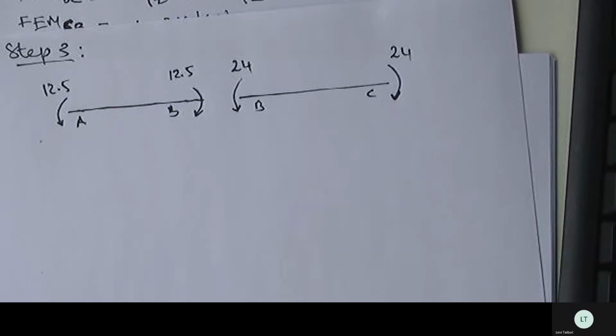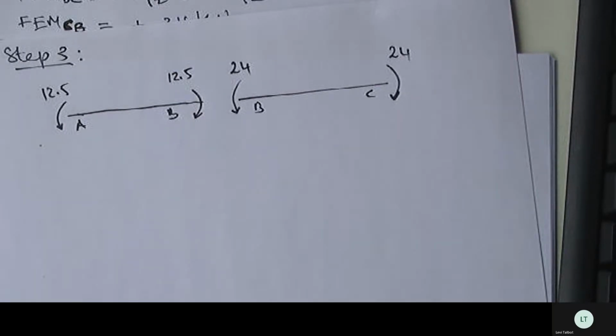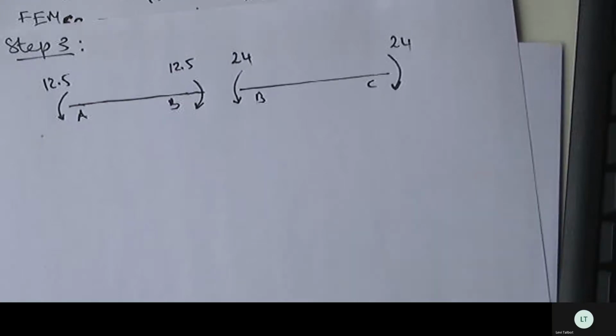It's one beam continuing from A to C, resting on a support at B. So the moment at B, left and right, should be the same. But it's not. It's not balanced. It's not in equilibrium.